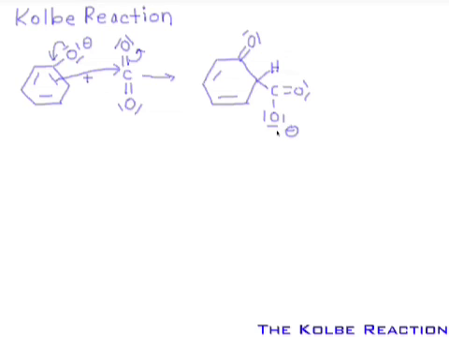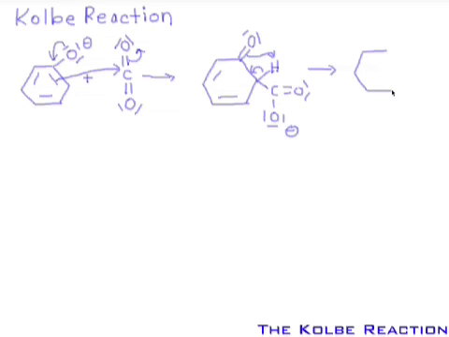Now we've disrupted aromaticity, and this intermediate that forms is very short-lived, and quickly the pi electrons shift, grab the H, electrons move from the bond, and oxygen ends up grabbing the H and restoring aromaticity.